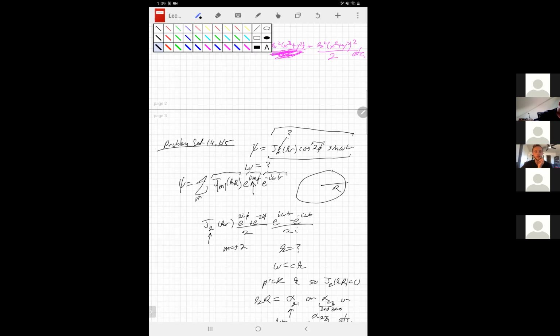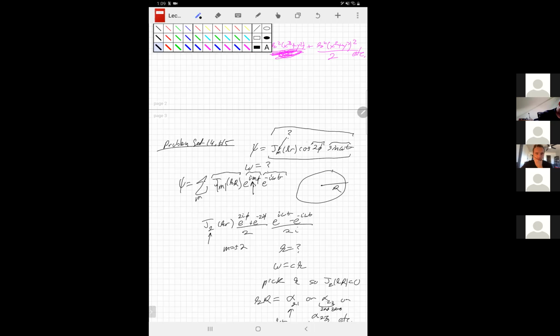Here somebody just took the imaginary part of e to the minus i omega t. That's also going to be a valid solution, because they got a sine. So they just took the imaginary part. That's fine. That's going to give us a valid solution.